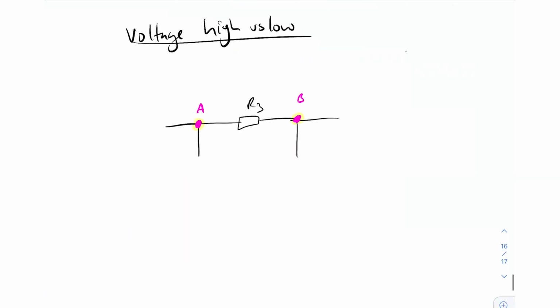Okay. So in terms of writing the current for this, we need to pick which one of these is going to be high to low. If you think about voltage, the potential difference across something is from high to low, right?